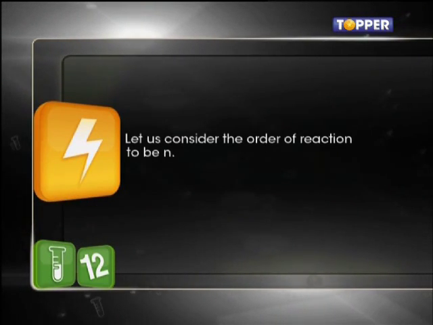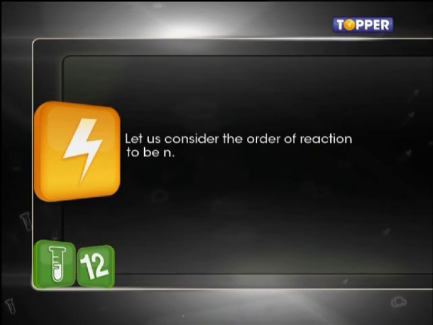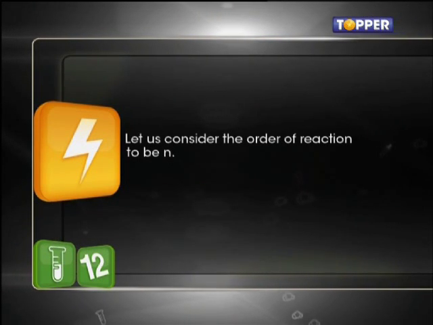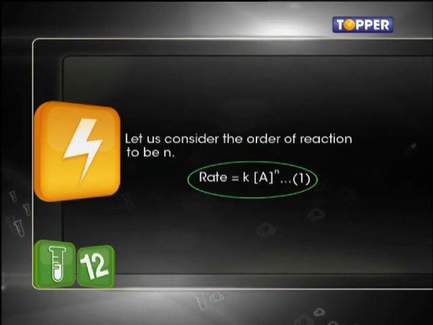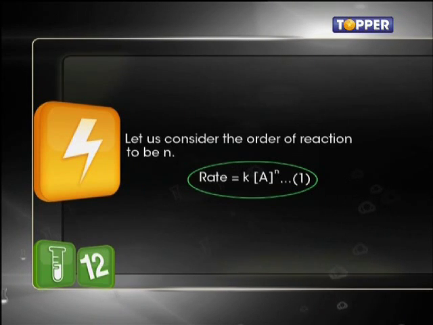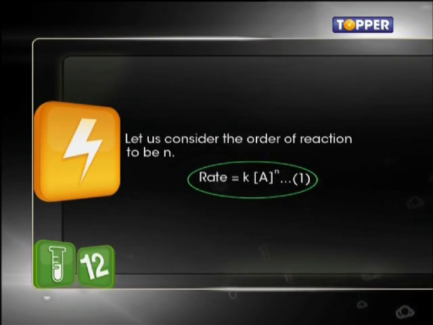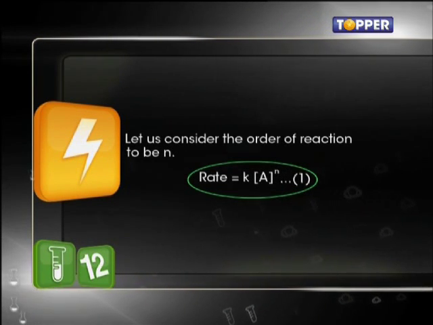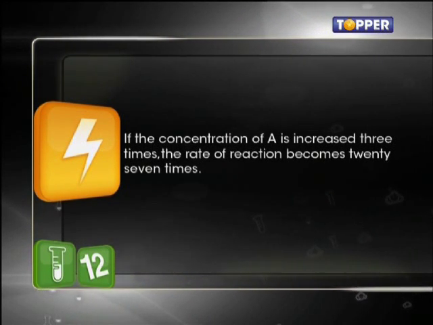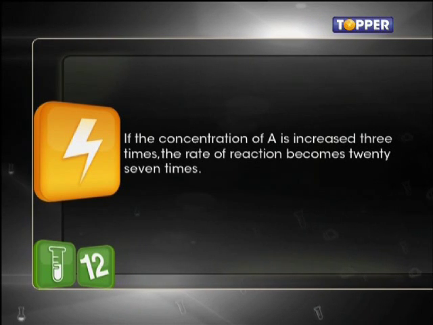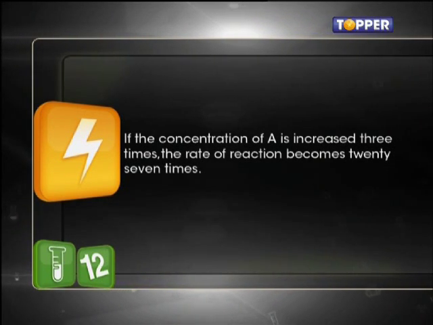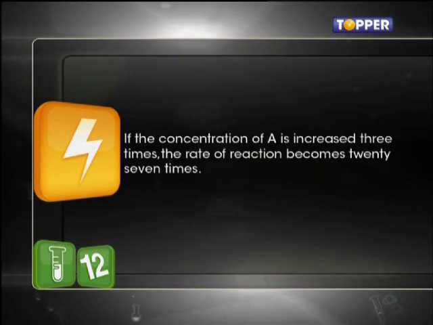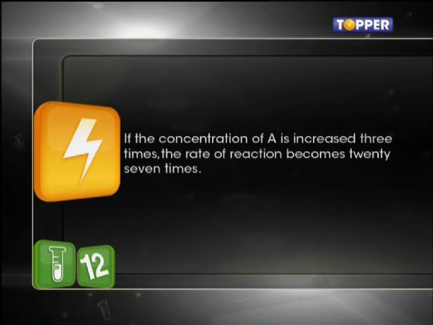Let us consider the order of reaction to be N. Now we know that rate of reaction is equal to the rate constant multiplied by molar concentration of A raised to the power N. It is given that if the concentration of A is increased 3 times, the rate of reaction becomes 27 times.